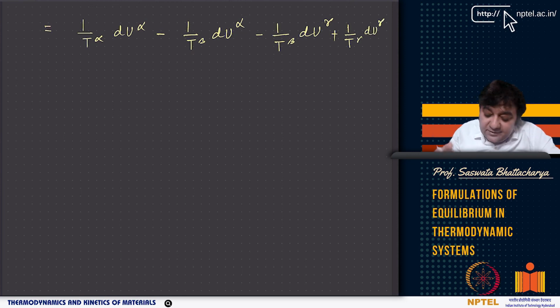We have substituted dU beta. So we can write everything in dV alpha and dV gamma.